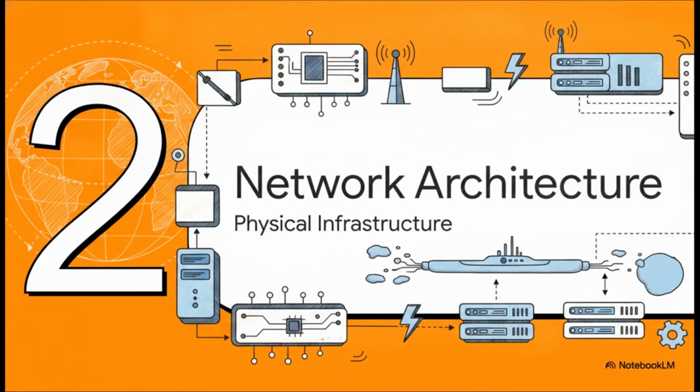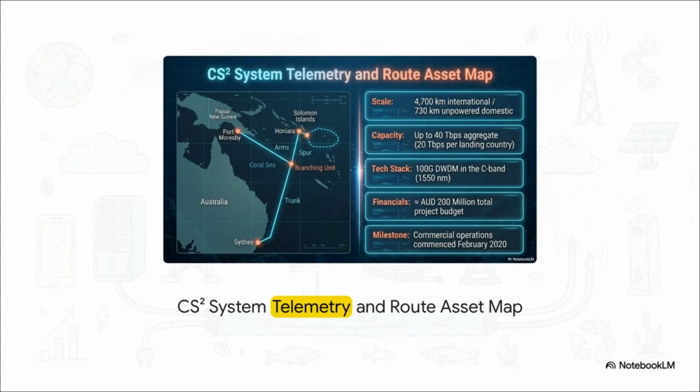All right, moving right along to Section 2, CS2 network architecture. Let's look at the physical infrastructure and telemetry to prove the engineering competence behind all of this. Looking at the project's parameters, we're talking about some serious scale. It's a 4,700-kilometer international system connecting Sydney to both Port Moresby and Honiara via a branching unit.